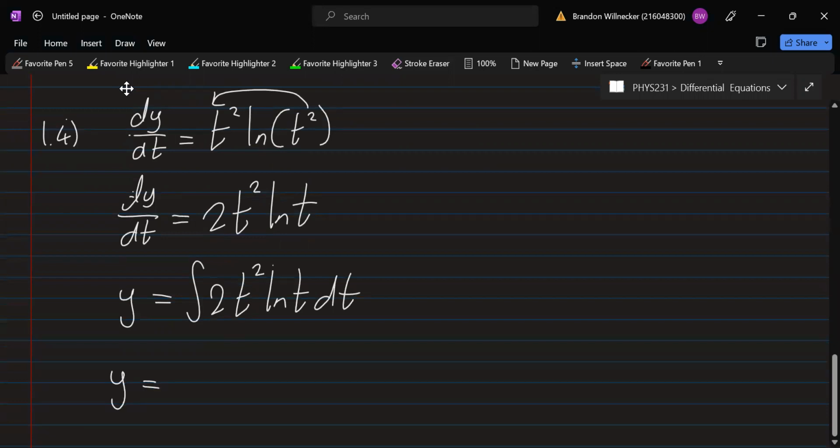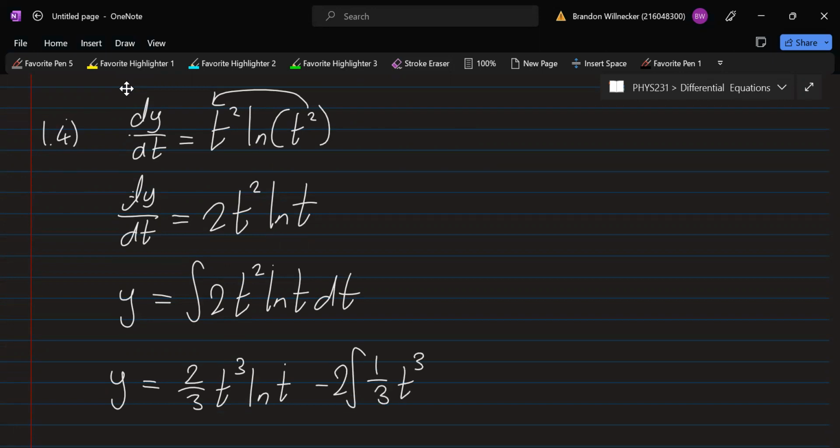So y is equal to, we're going to have 2 over 3 t cubed from our v term times the natural log of t, minus the integral 2 times 1/3 t cubed from our v term times 1 over t from our du term dt.